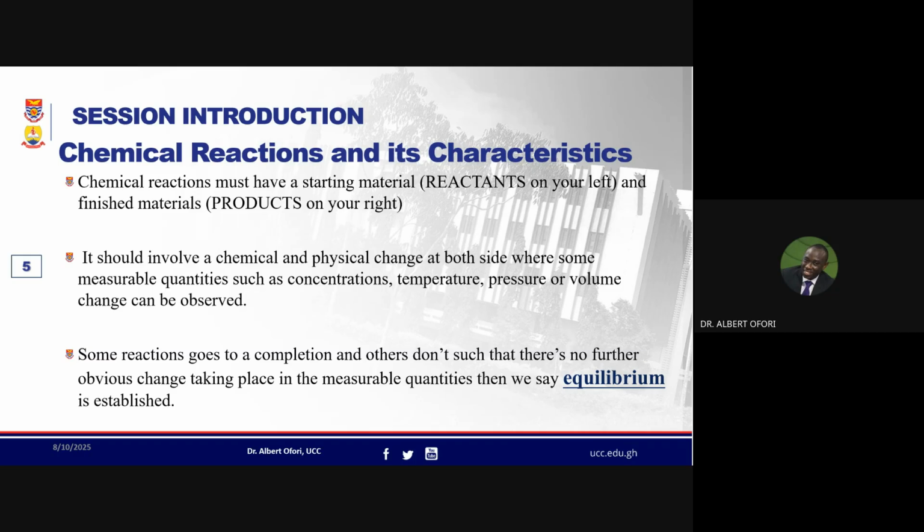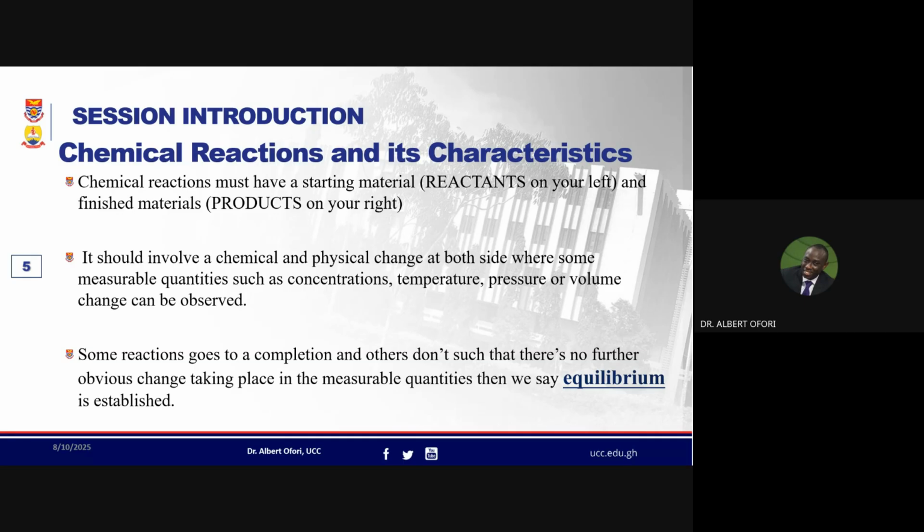Elements are atoms of the same kind. Now we can see these elements and begin naming them, and once we can see them, we can weigh them. So we have the atomic masses for these elements, and they have a particular volume which they occupy.